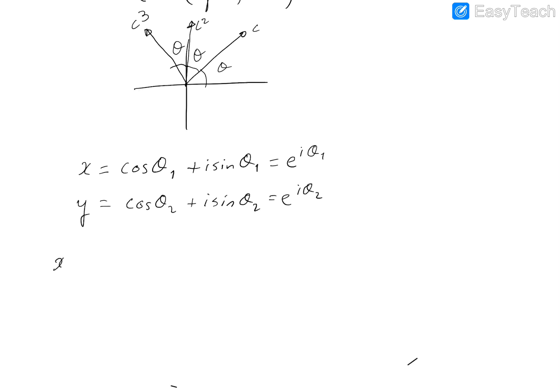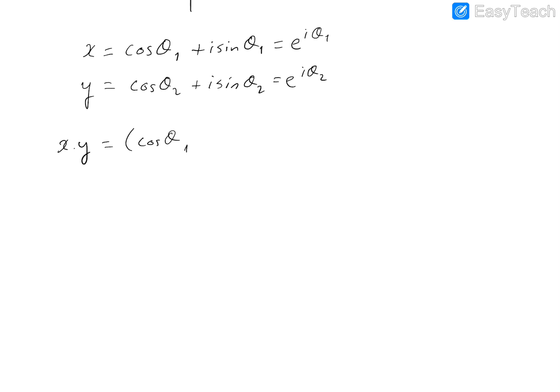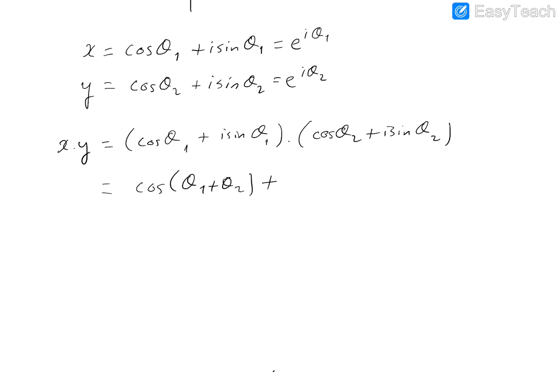So then x times y can be written as cosine theta 1 plus i sine theta 1 times cosine theta 2 plus i sine theta 2. We can take the cosine parentheses and then take the i sine parentheses afterwards.